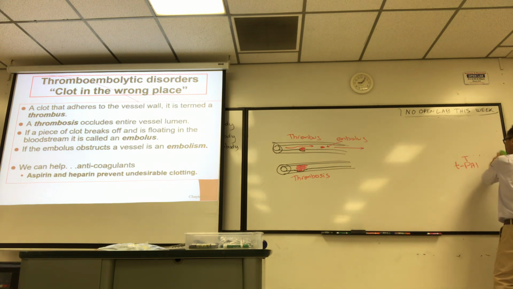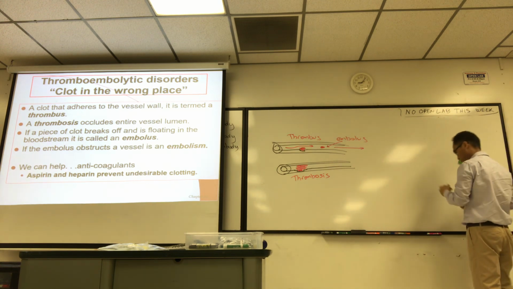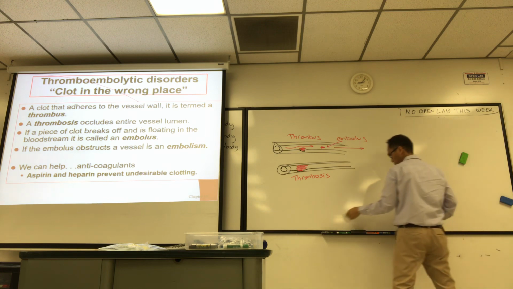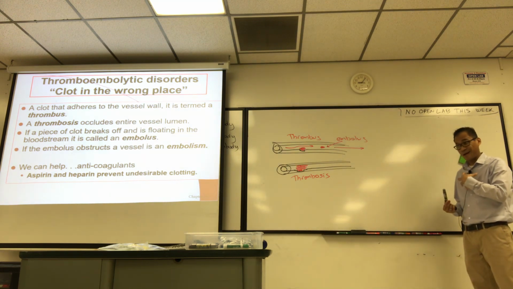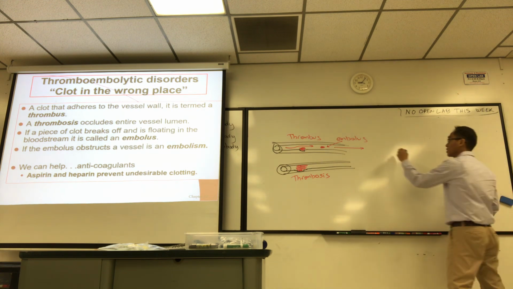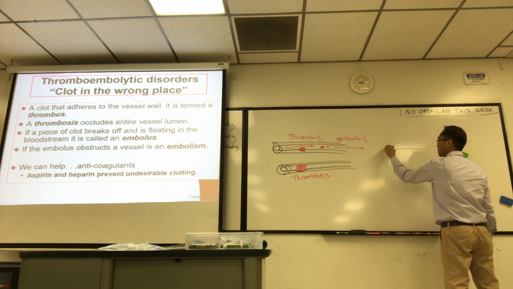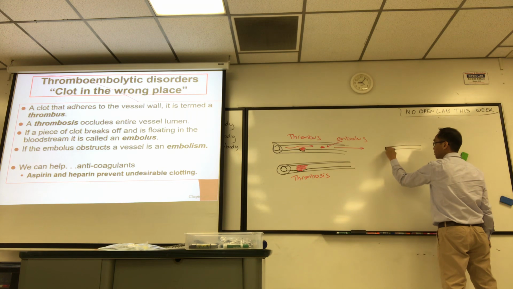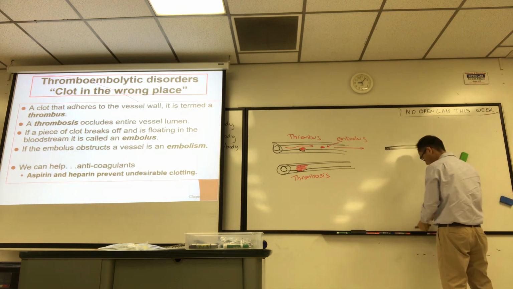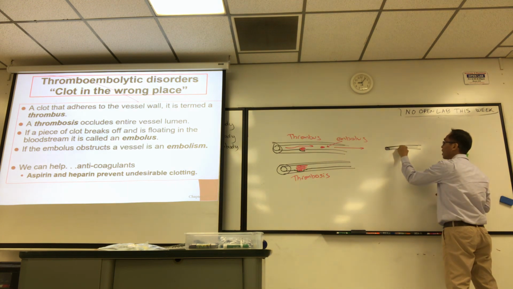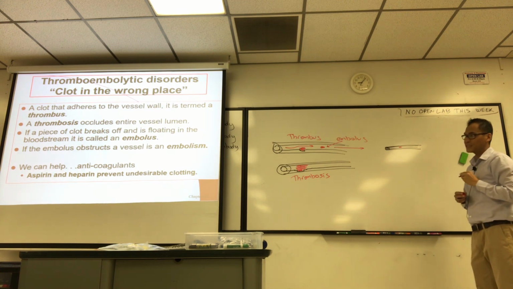Oh, let's say in the pulmonary circulation. Pulmonary embolism is a common cause of death because you're blocking the vital organs there. So let's say it's a smaller blood vessel in pulmonary circulation. That embolus gets stuck. That's considered an embolism.